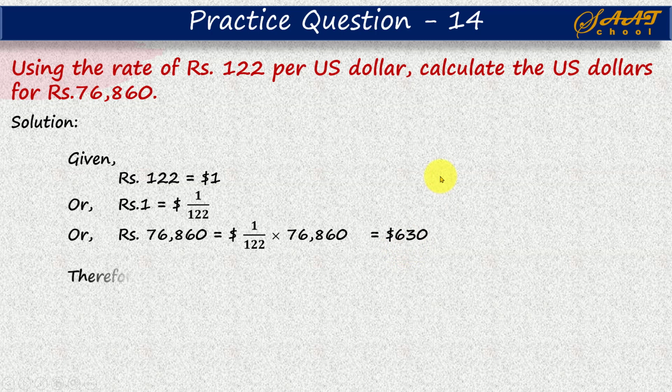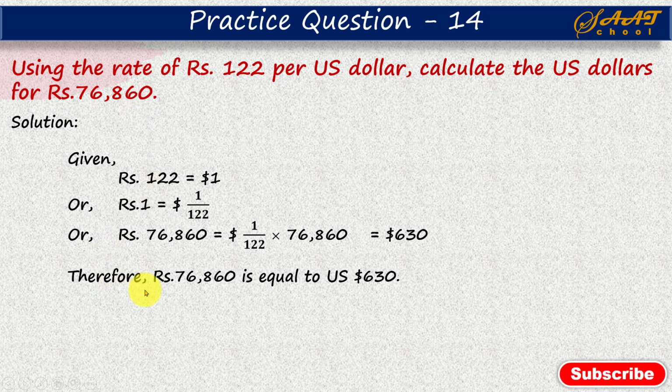Meaning $630 will be equal to this Rs 76,860. That's why Rs 76,860 is equal to US $630. So this is how we convert one currency into another.